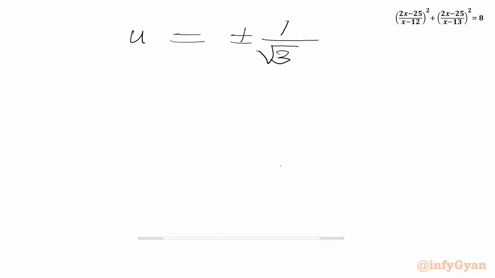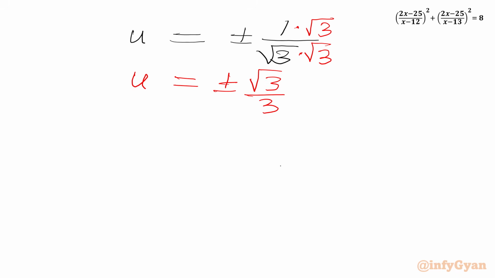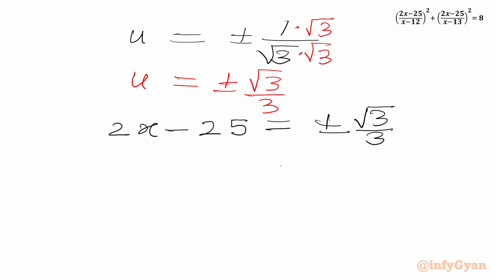Now we can rationalize our denominator. So we need to multiply numerator and denominator by square root 3, which will become plus minus square root 3 over 3. This is equal to u. Now u is our substitution, 2x minus 25. So we can write here 2x minus 25 equal to plus minus square root 3 over 3.